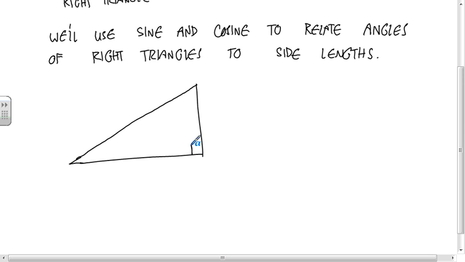In this case, the 90-degree angle, the right angle, is this one. The side that doesn't connect to that right angle, the one that's directly opposite it, is called the hypotenuse.